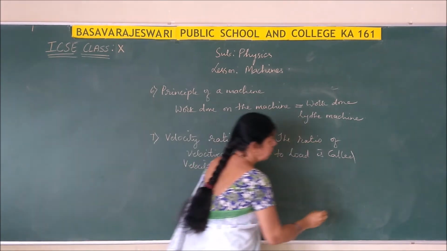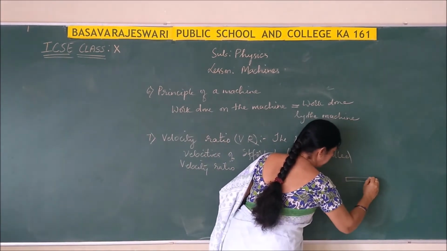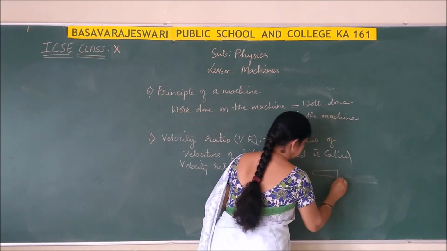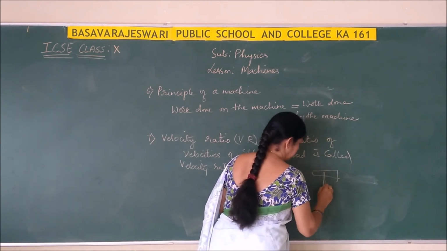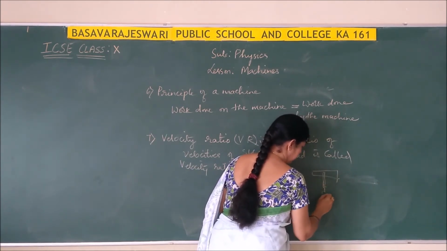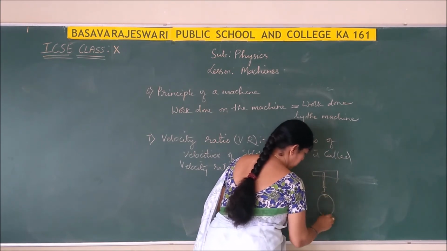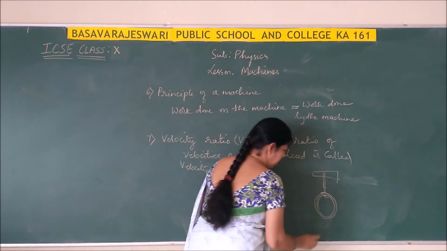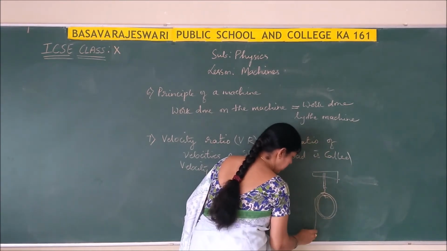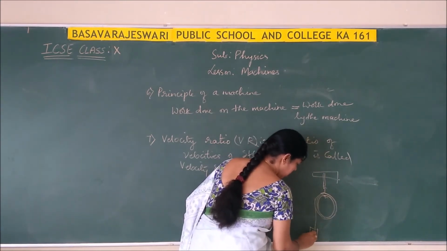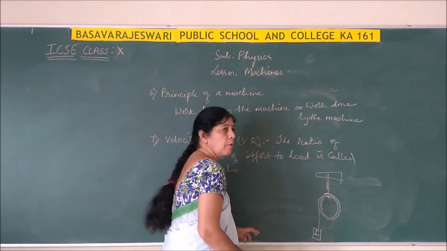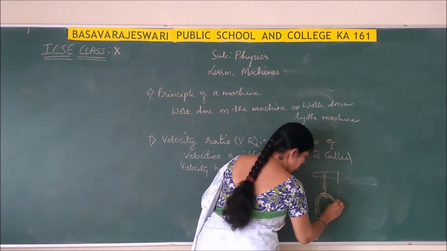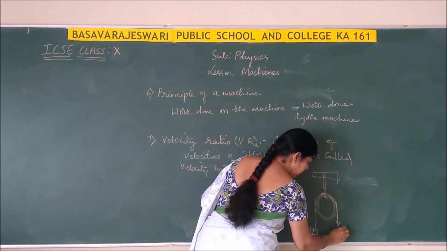Now see here, suppose you are using a pulley, and you are lifting some load. Here load is there. You have to lift this load to a certain distance. Then what you will do? You will apply the effort here, right?